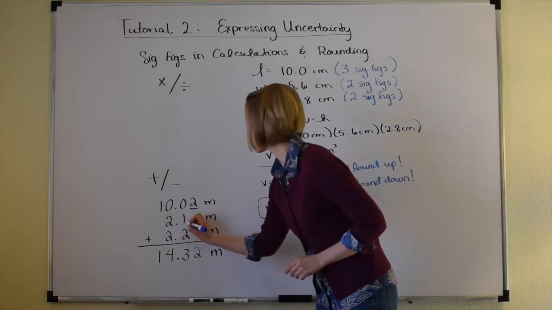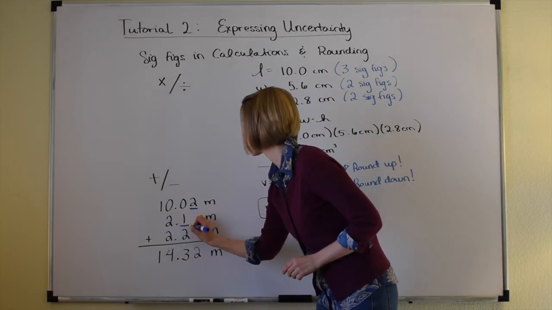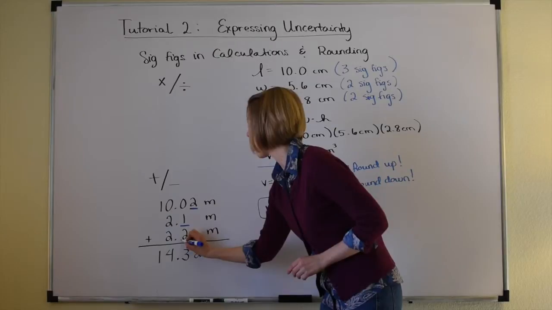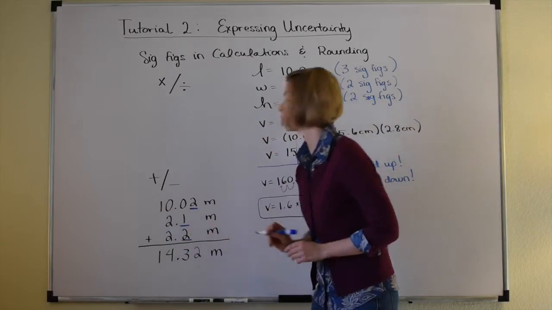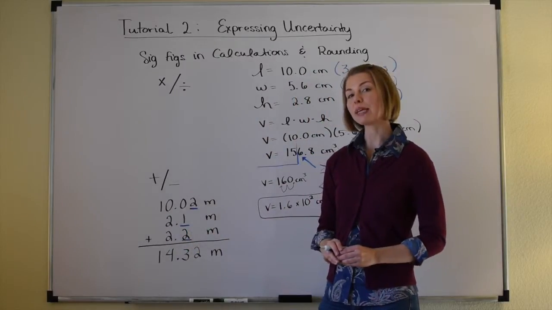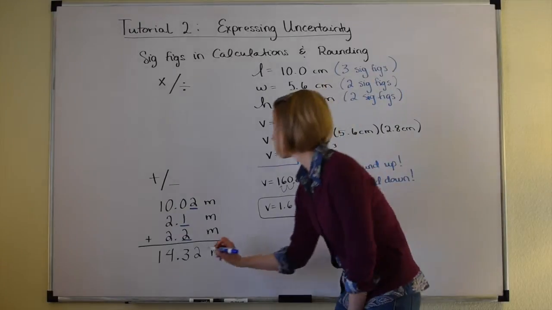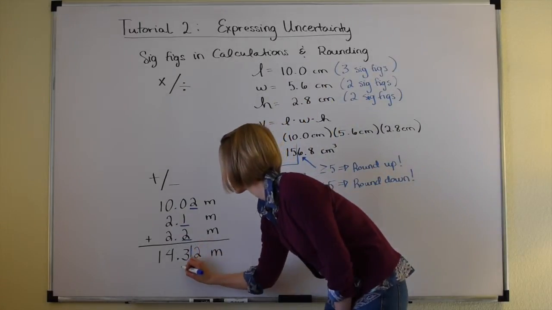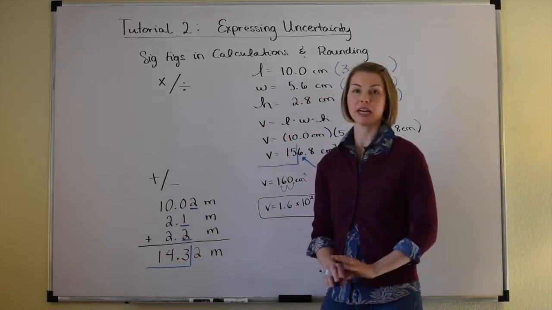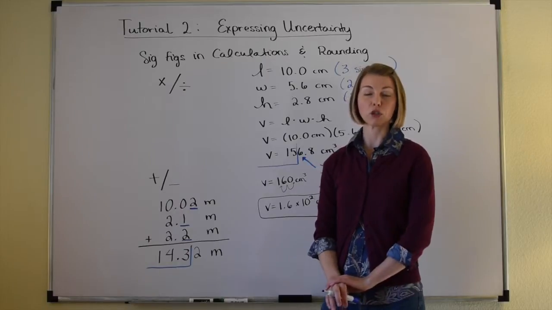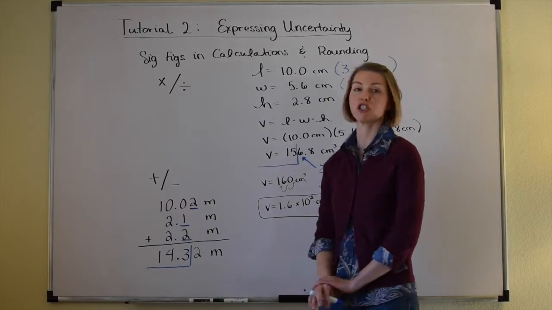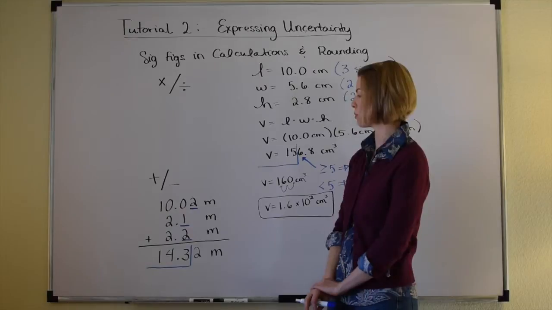Our second measurement goes out to the 10th. Our third measurement also goes out to the 10th. That means that we are limited to the 10th decimal place for our final answer. We need to round it off to show just out to the 10th decimal place.